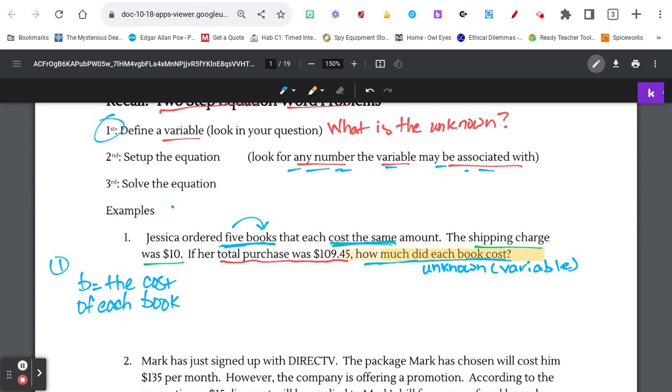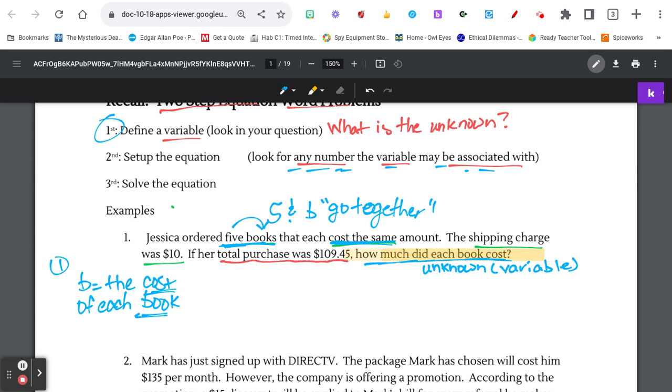So that sentence right there is talking about the books that she ordered, and it's talking about the cost. So I can pretty much tell you that 5 and B go together because it's talking about the number of books and the cost. The books, the cost. Okay?